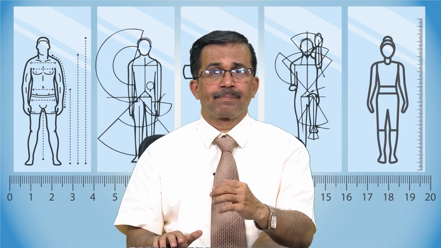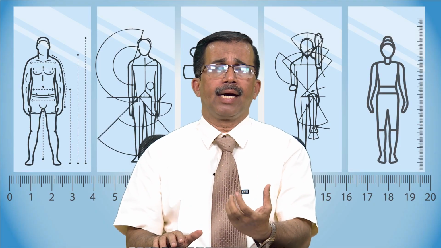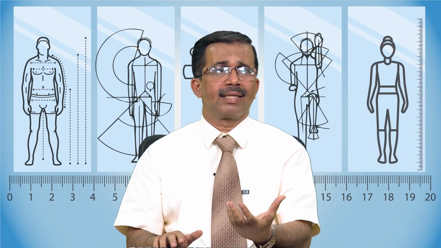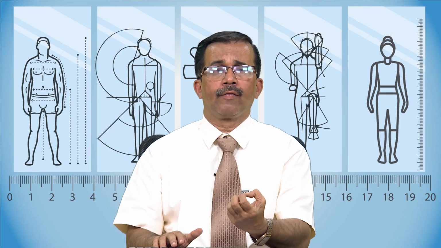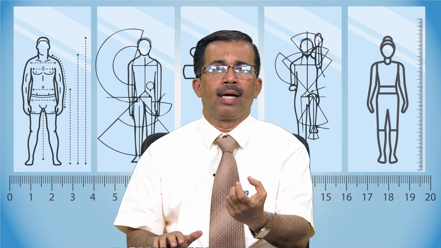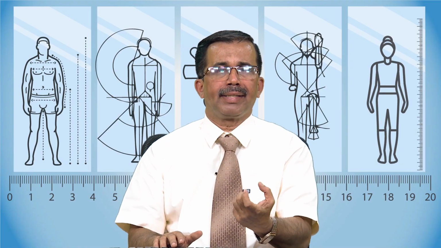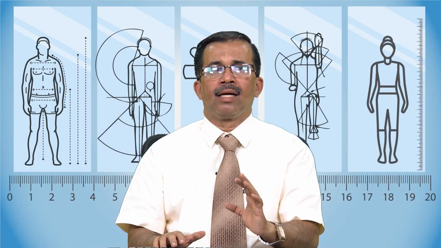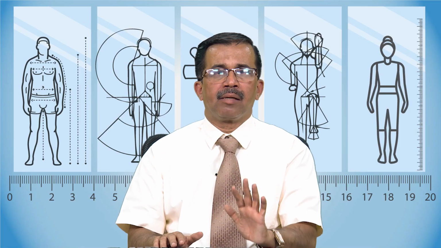Then we saw the metric and empirical formula of BMI, and how it can be assessed by taking an example. That is very important to remember: the formula is weight in kilograms divided by height in meters squared. That is the ideal metric formula which will help you calculate the BMI.